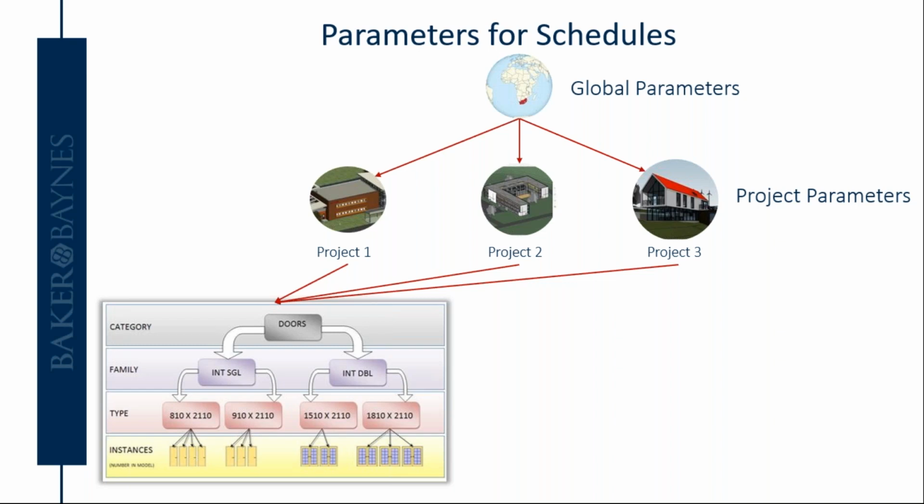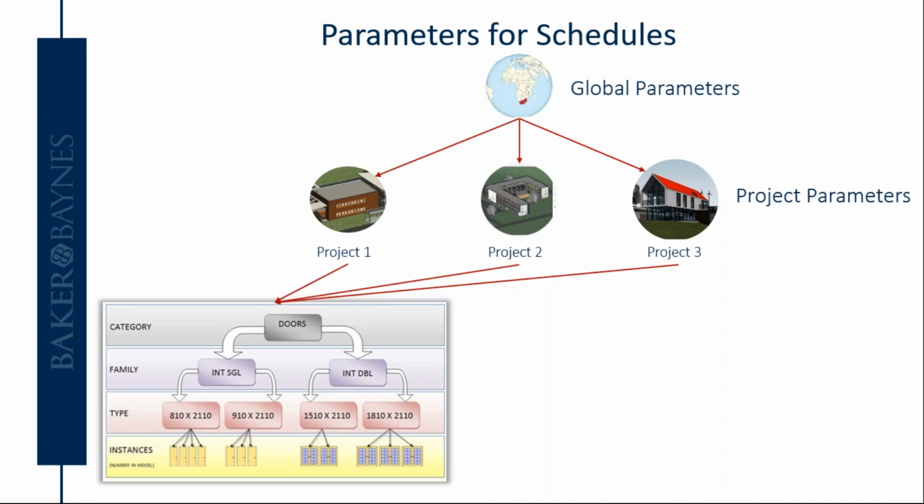And then each of the categories can then be divided into various families. So in the case of the store that you're seeing on the screen, you can have an internal single door, internal double door. You can have glass doors, sliding doors. Those are all different families, and then variations of each of those doors in terms of size or material would be the different types.